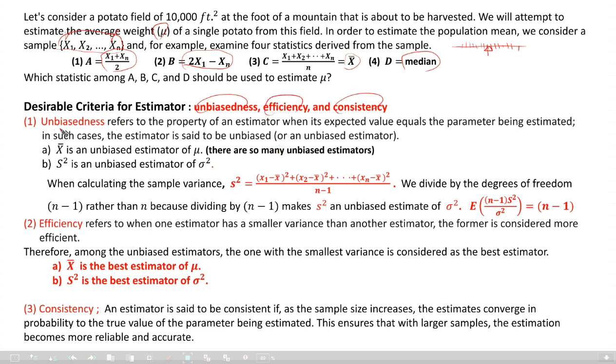What is unbiasedness? It is the property of an estimator when its expected value equals the parameter being estimated. Say you know the expectation of X bar is mu. X bar is one candidate estimator.